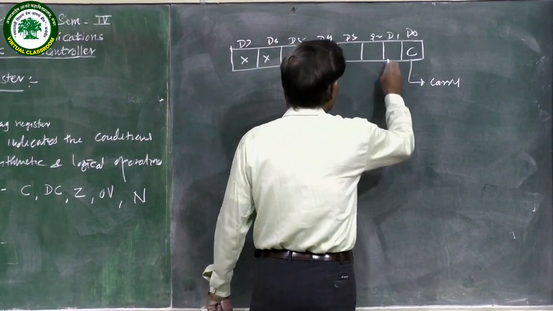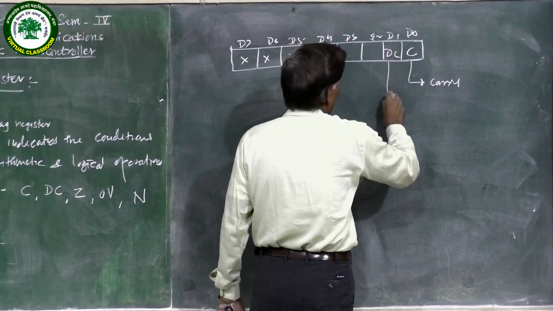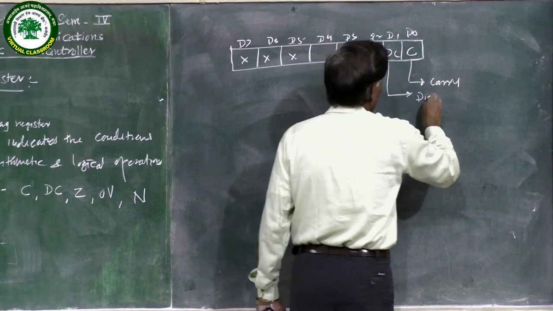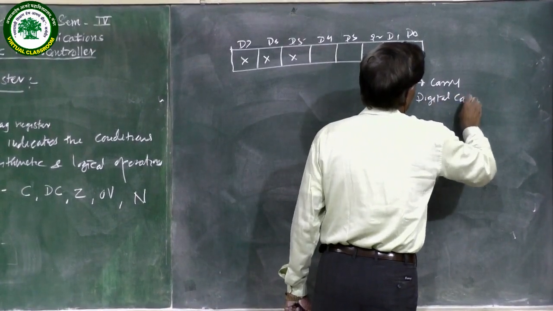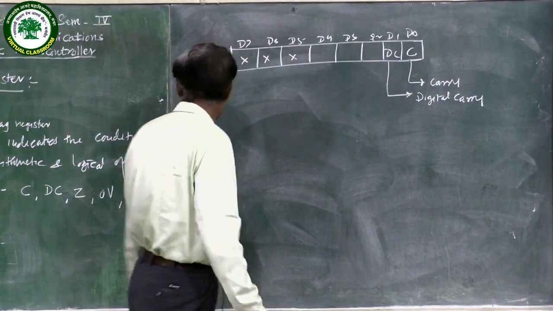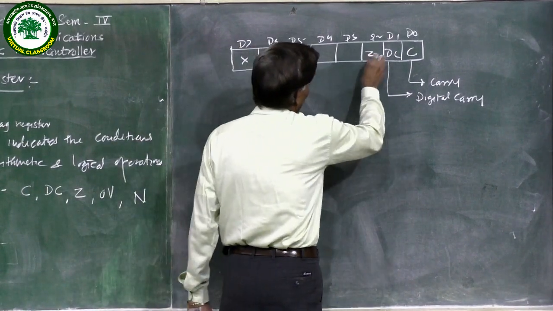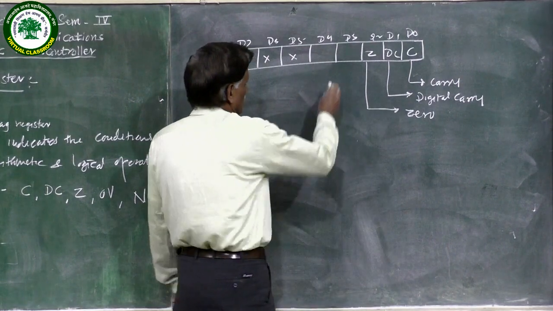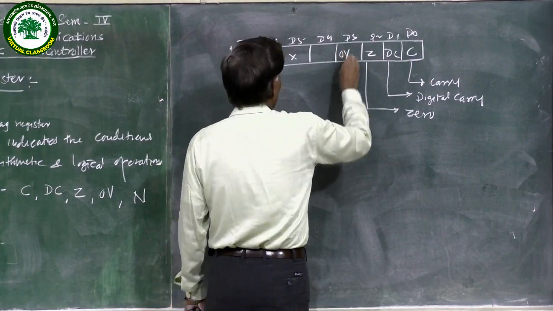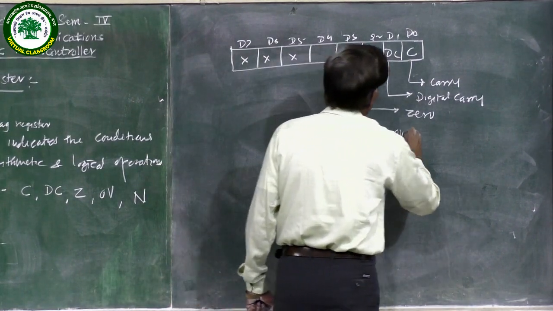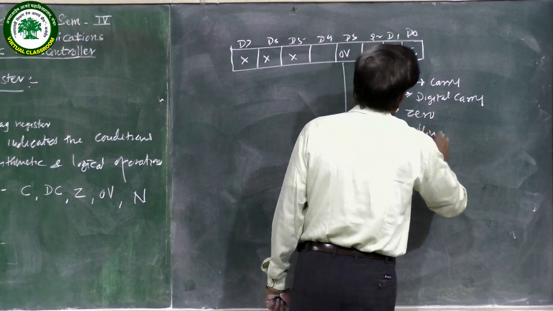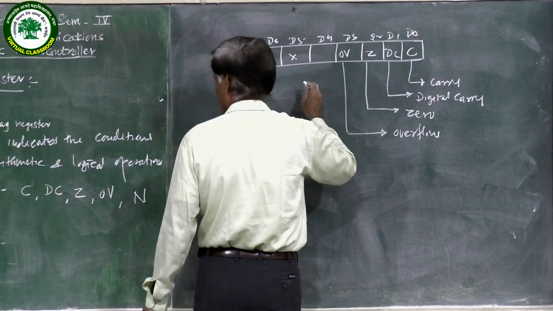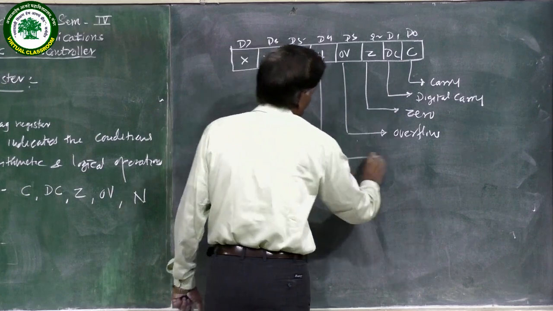Next one is related with DC, meaning digital carry, shortly abbreviated as DC. Then the next flag is known as the zero flag. Next one is known as the OV flag, overflow. And the last one is known as the negative flag.